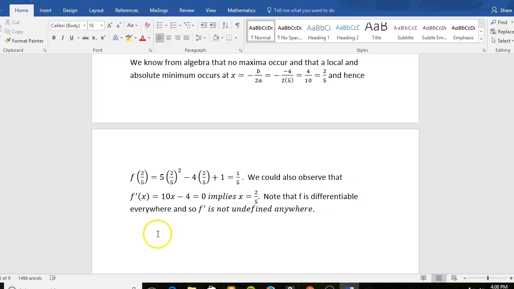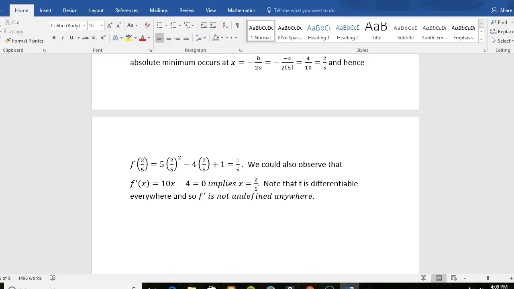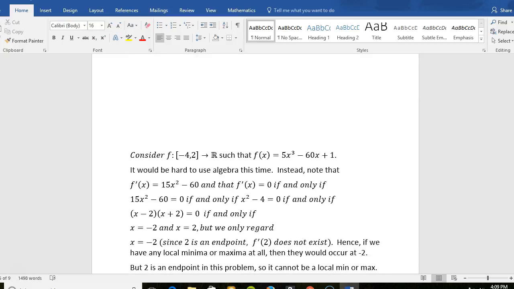Note that f is differentiable everywhere, so f prime is not undefined anywhere. So you've found all your places where the first derivative is either 0 or undefined. There's only one place where it's 0, and no place where it's undefined. We found all our critical points.